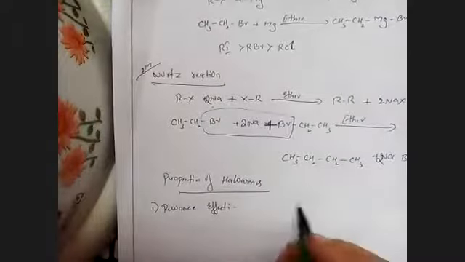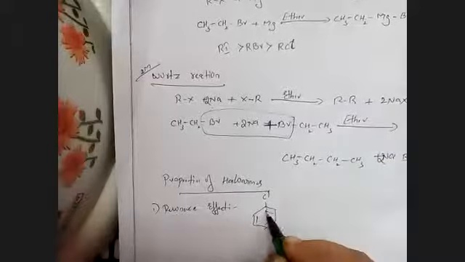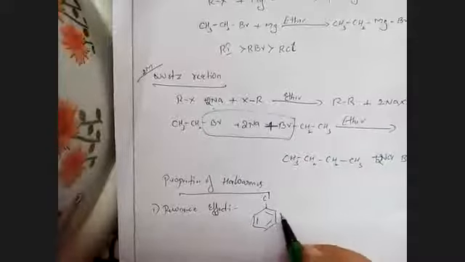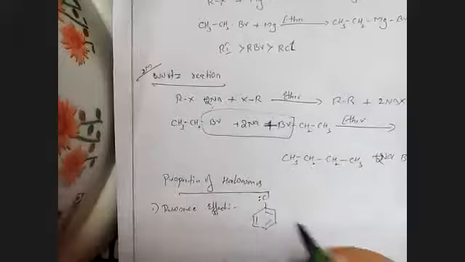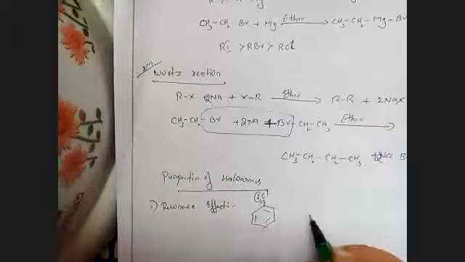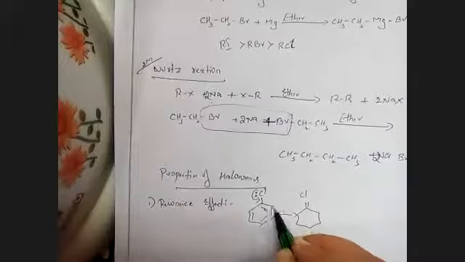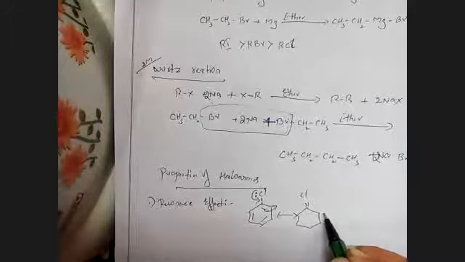Resonance effect means this chlorine has a lone pair of electrons, and it will donate it into the ring. The electrons shift and it creates a positive charge.